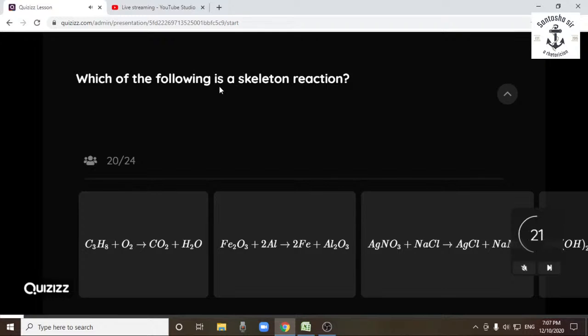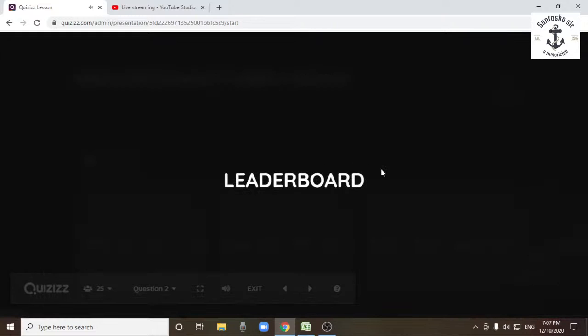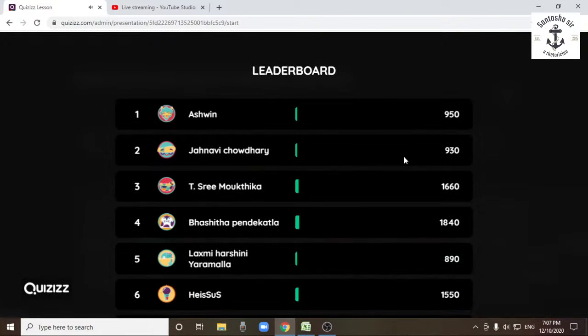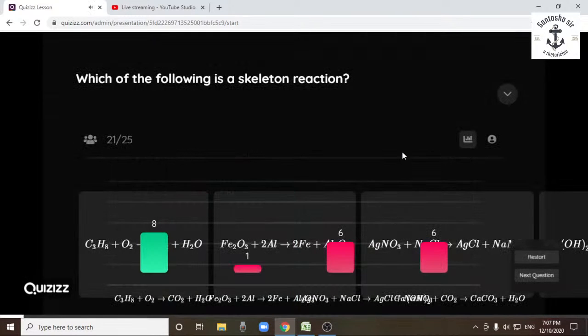Do you have all the 4 options on the screen? 21 members answered out of 24 participants. Okay, time is up. Let's check the leaderboard scores. Bashita followed by Annapurna, Srimoktika. 8 members answered it right. Moving on to the next question.